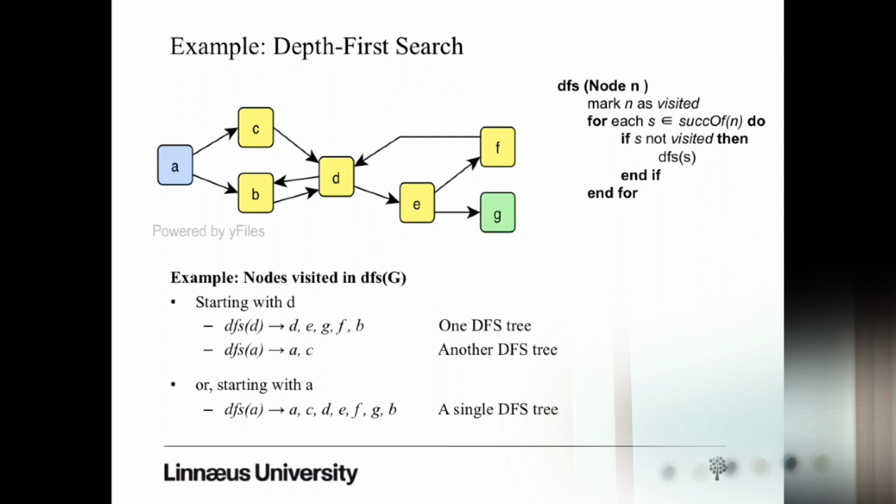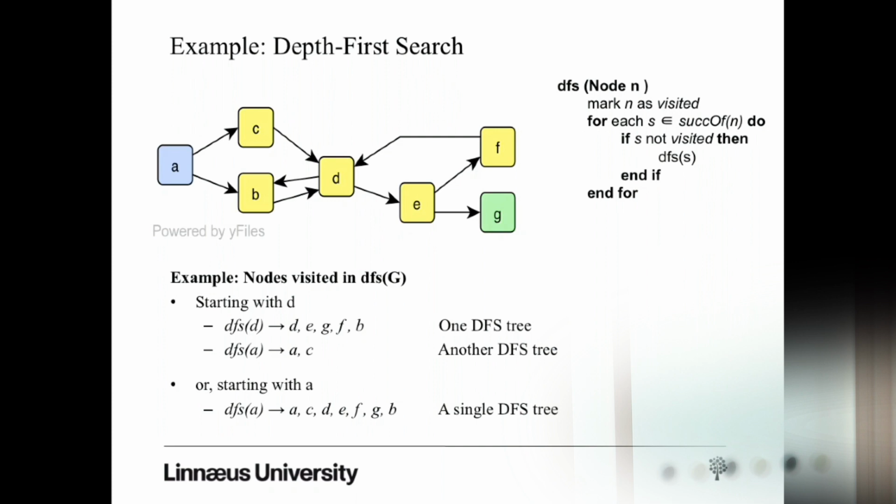When we go on node F, we mark n as visited, so F has been added. Now for each s that is a successor of node F, what are the successors of F?